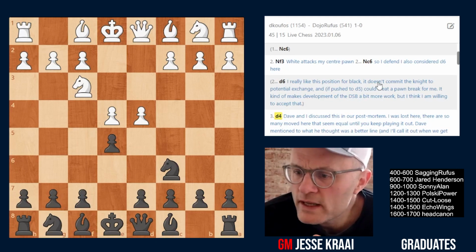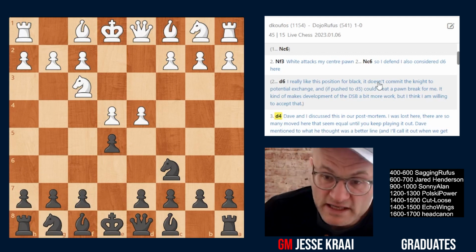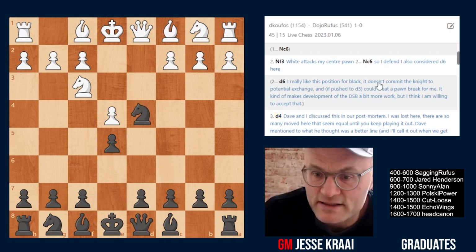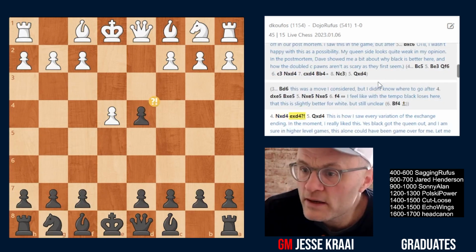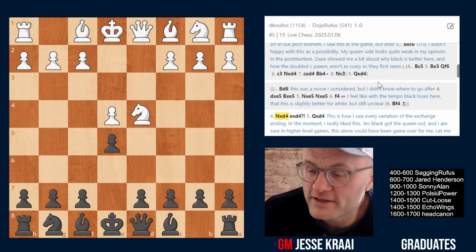Good. Okay. And black takes with a knight here. Taking with the pawn is considered more reasonable, but this is fine. And one thing to say about this position, by the way, I don't know why Qxd4 would be a mistake. You've got to take the knight, boss.